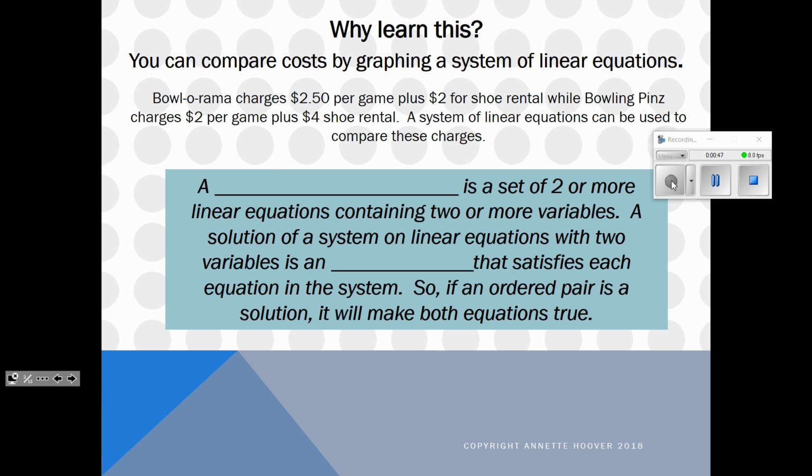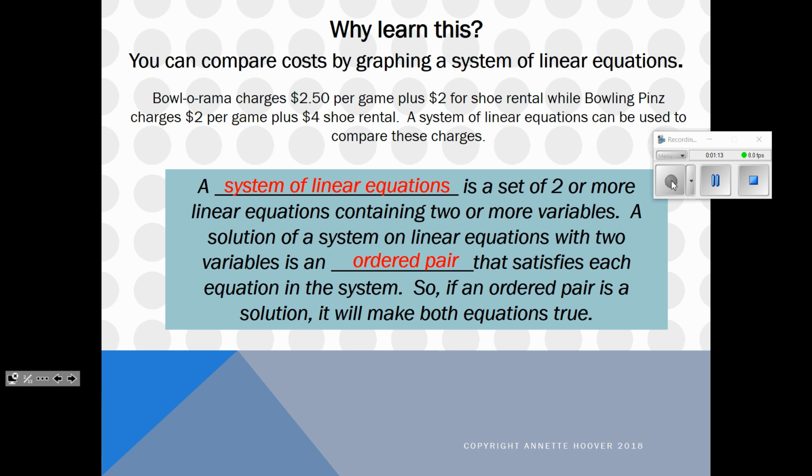So a system of linear equations is a set of two or more linear equations containing two or more variables. So basically it's when you're graphing at least two lines. A solution of the system of linear equations with two variables is an ordered pair that satisfies each equation in the system.